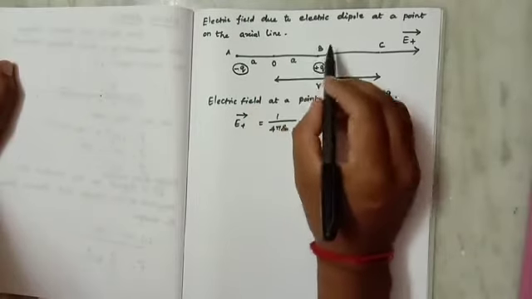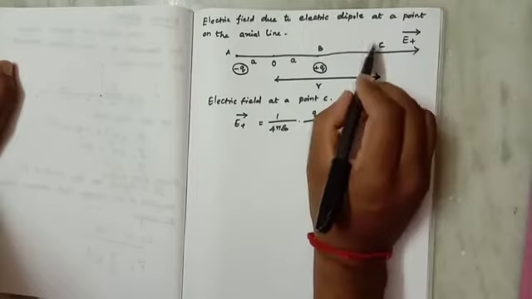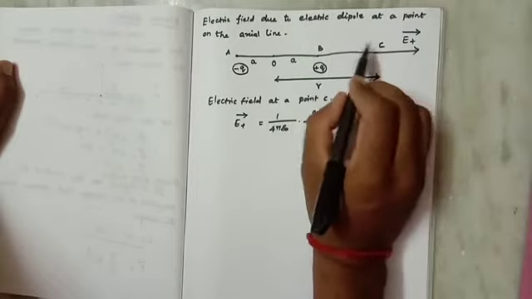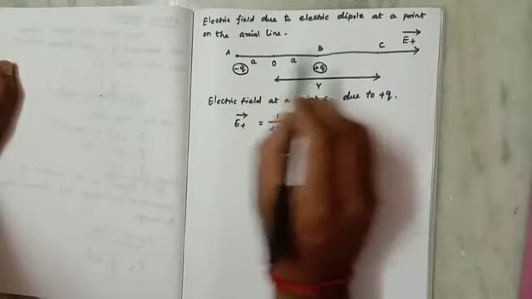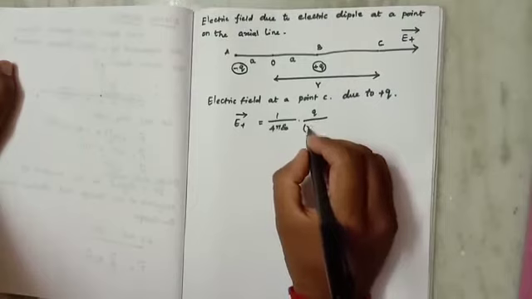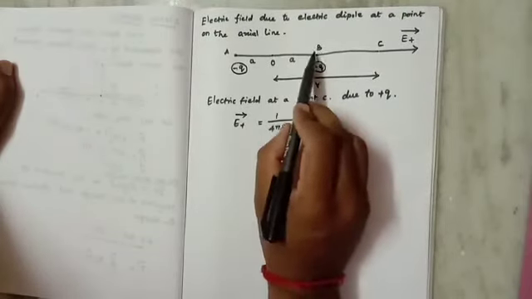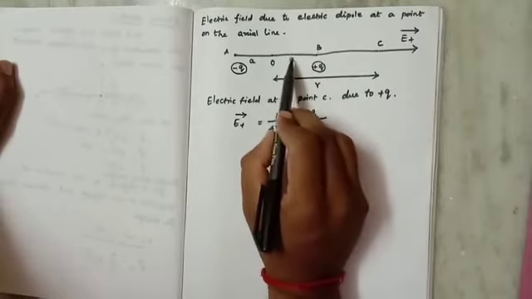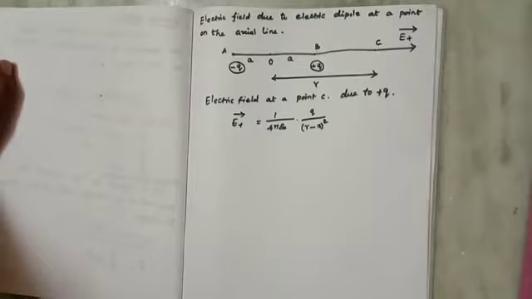We need to calculate the distance between B and C. So how can you calculate it? Already you know the distance of C from the midpoint of the dipole, that is r. So we can write r minus a, since the distance between B and the midpoint is a. So we can write (r minus a) square.